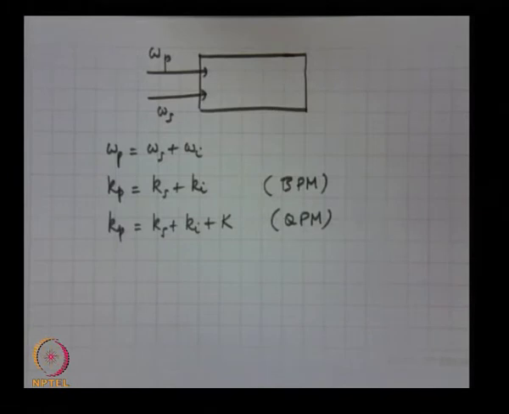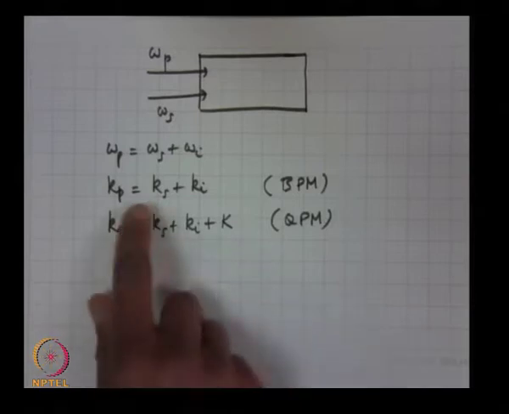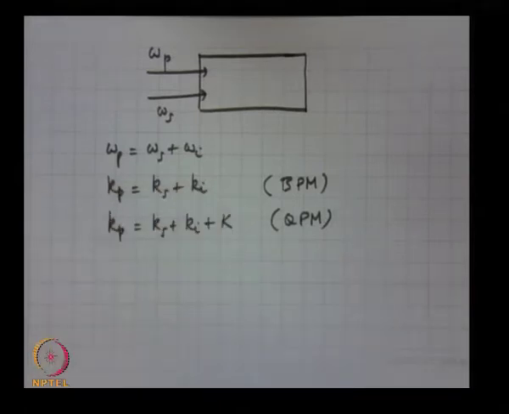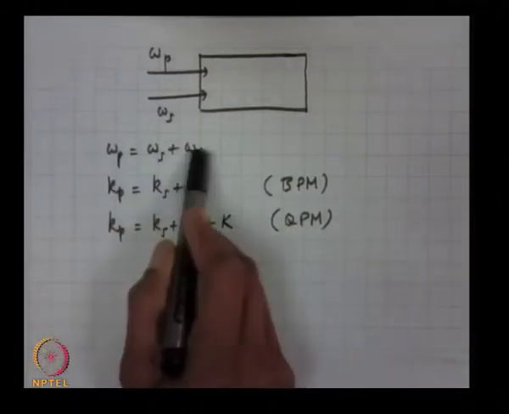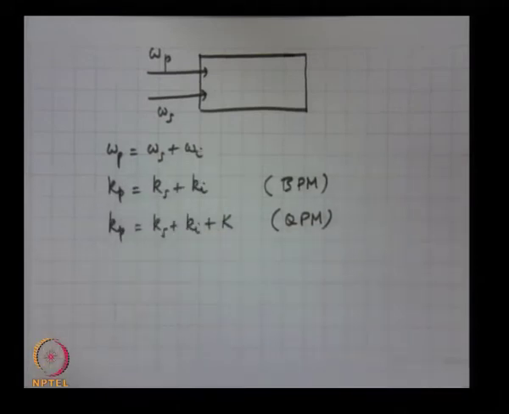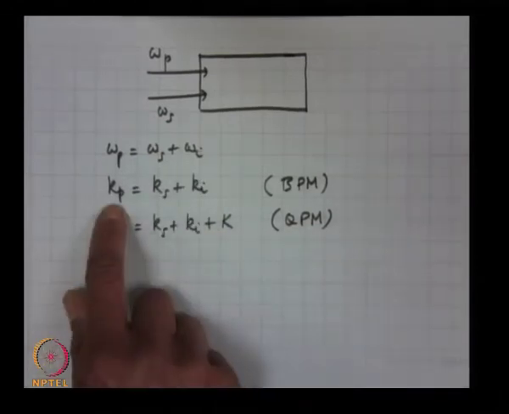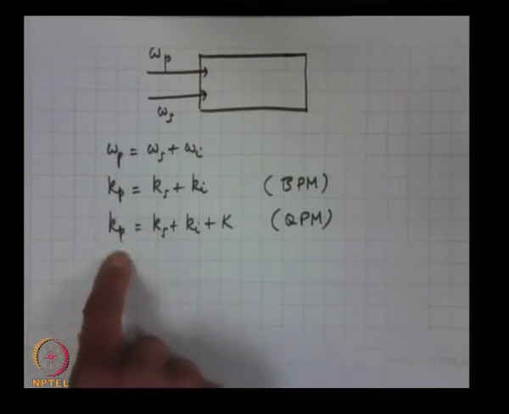It's possible to tune the frequency at which this amplifier will work by adjusting these conditions. So for a given pump and signal frequency, we have to satisfy the energy conservation equation and the momentum conservation equation, either the first one or the second one if there is periodic domain reversal.